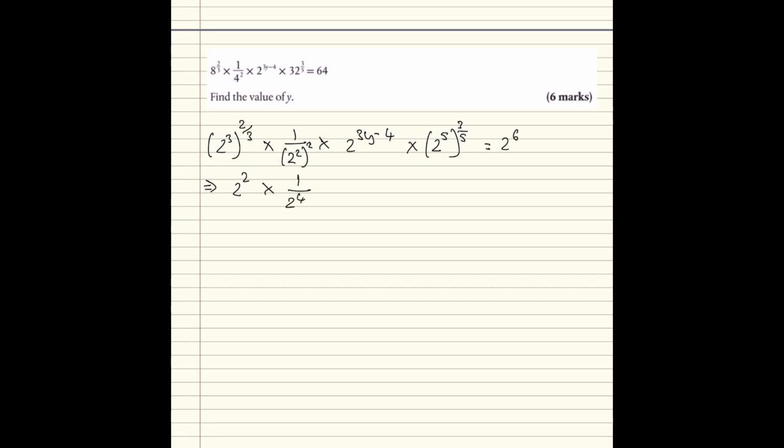So we have 1 over 2 to the power of 4. I will keep this the same, 2 to the power of 3y take away 4. And again, we're lucky using one of our laws of indices here, that the 5 here and the denominator are the same, so therefore we can cancel. So we're left with 2 to the power of 3. And this is equal to 2 to the power of 6.